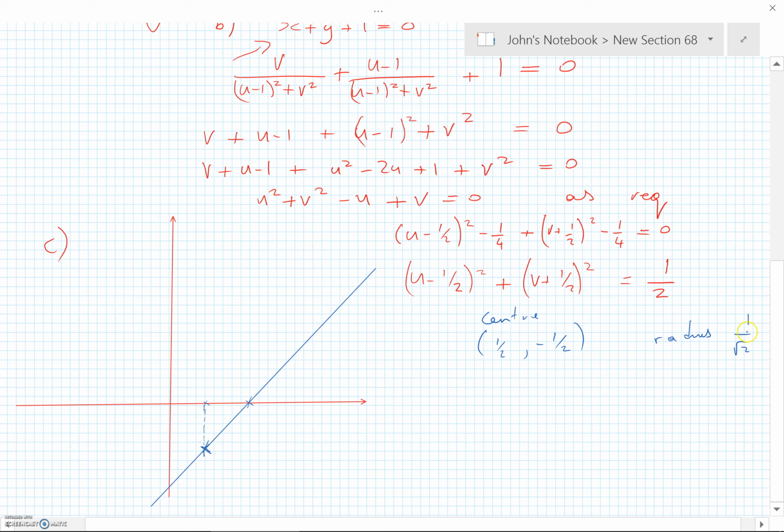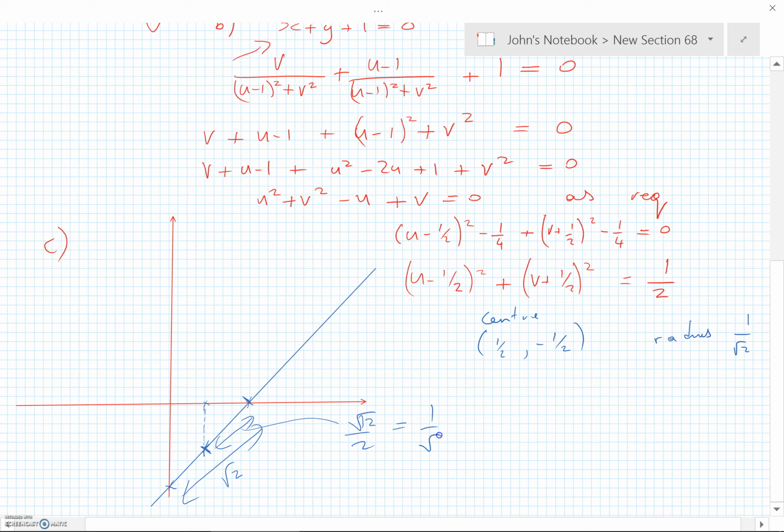We've got the edge of the circle going through the point here, because this length here is the square root of 2, so this length here is 1 over the square root of 2, or square root of 2 over 2.